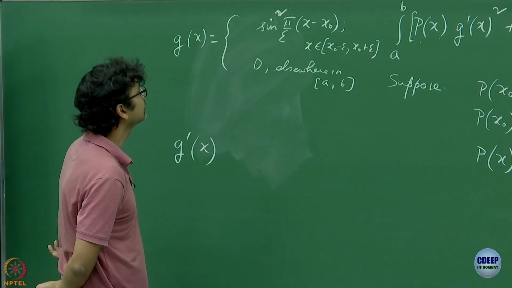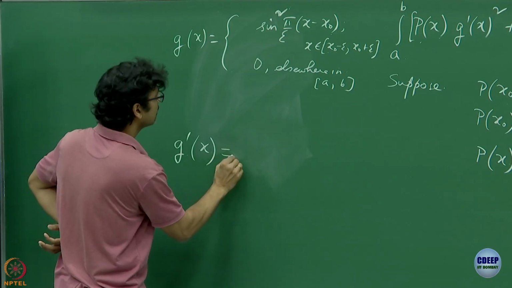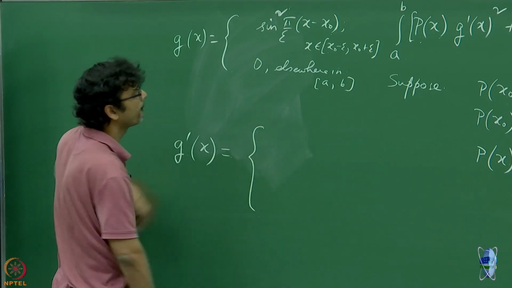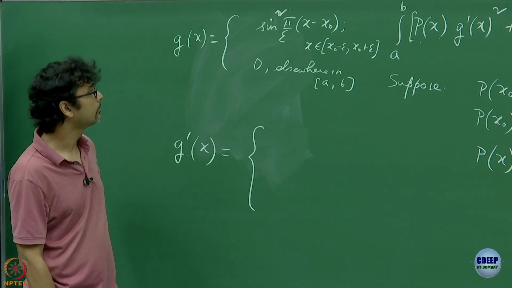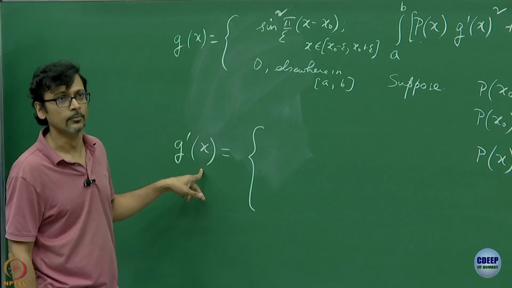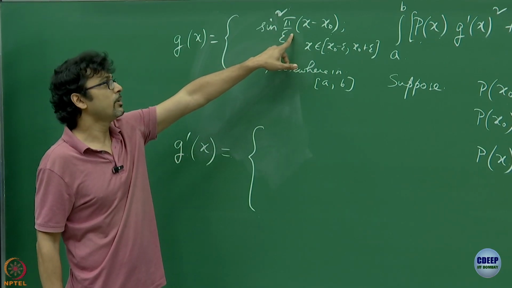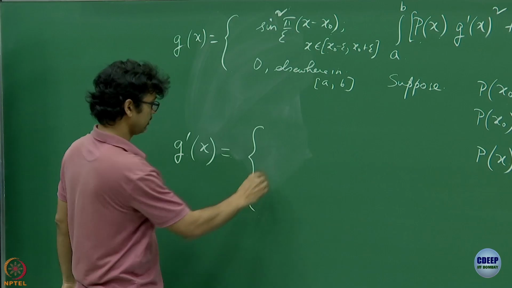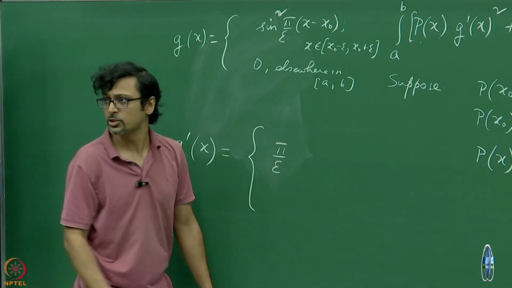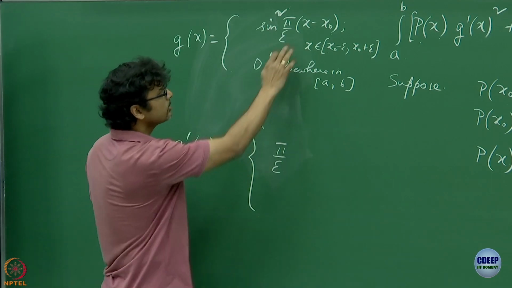So what is this going to be? What is the derivative of this? So of course something has to be pulled out of here. Pi by epsilon has to be pulled out of here, right, and what happens to this?